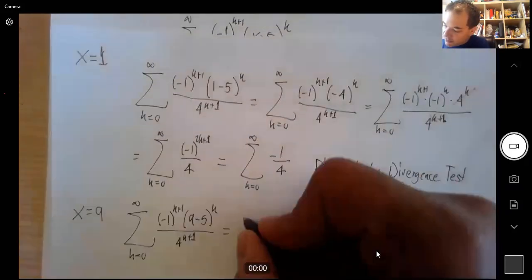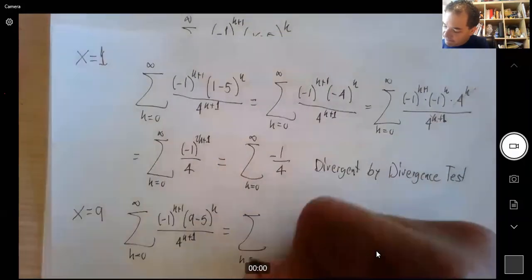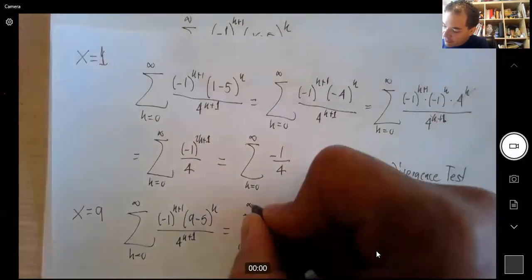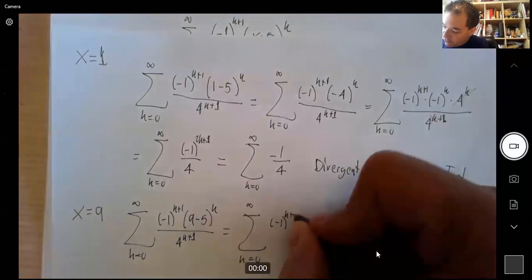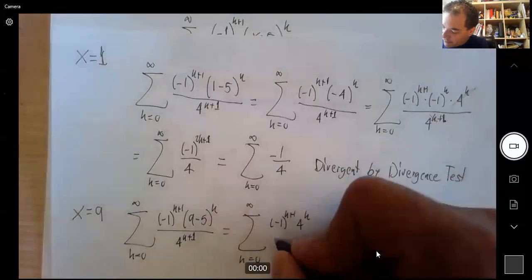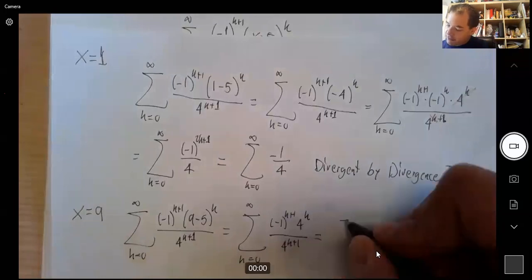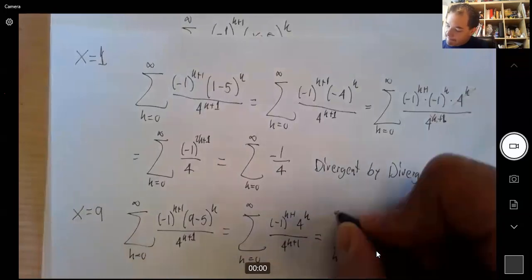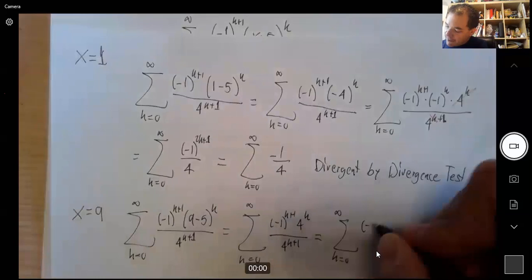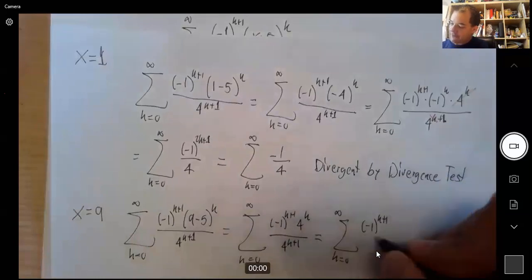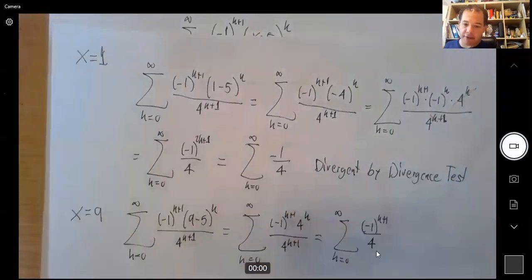And what is this one? This is negative 1 to the power k plus 1, 4 to the power k divided by 4 to the k plus 1. This is easier to simplify. Over 4. All right. And that's as best as I can do.